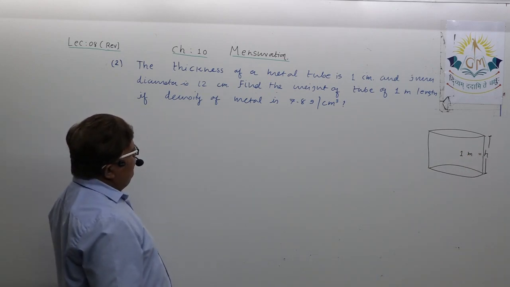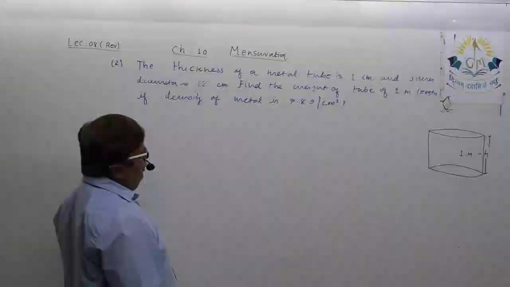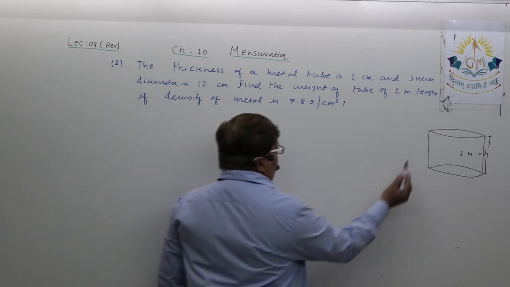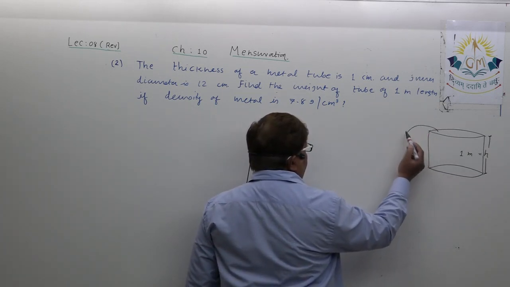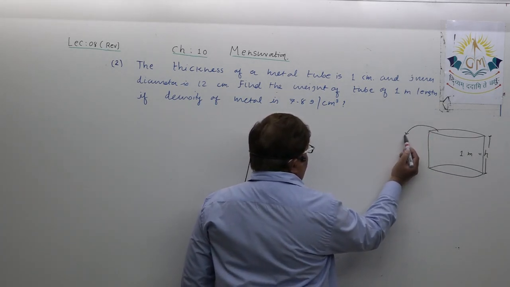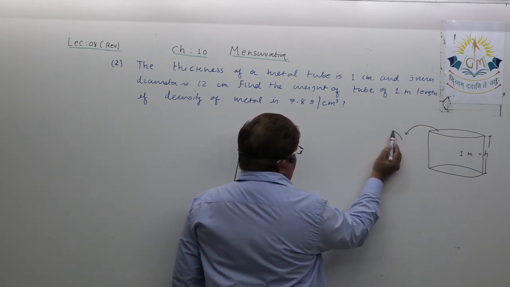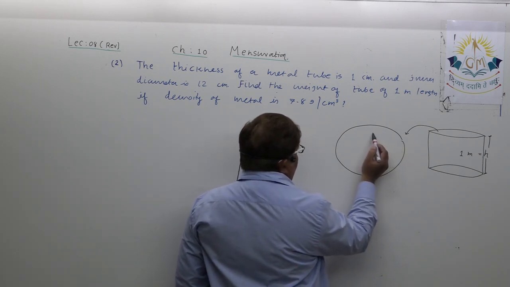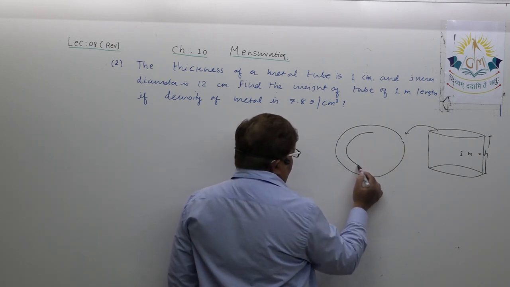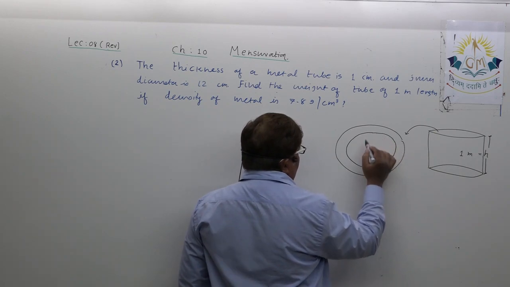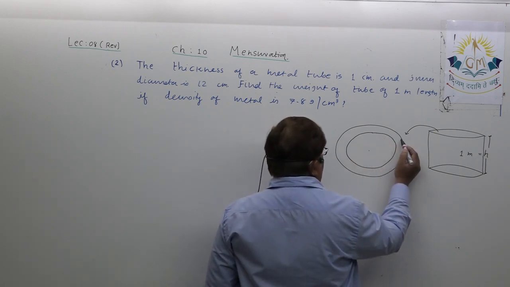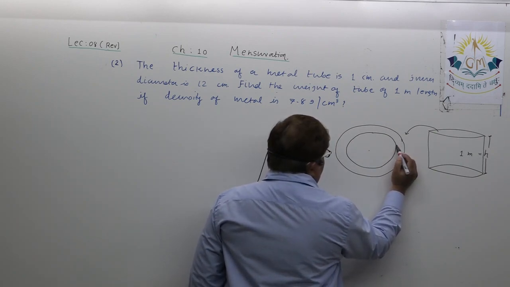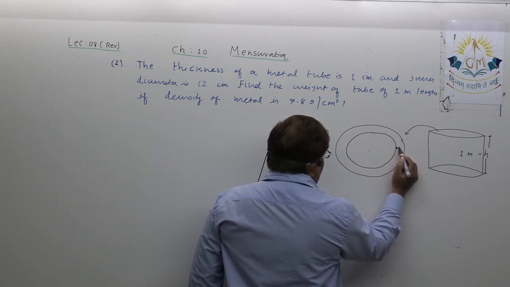And at the same time you are given thickness and inner diameter. So if I see the front view and enlarge this portion, it looks like this. Thickness has been given, this is 1 centimeter.